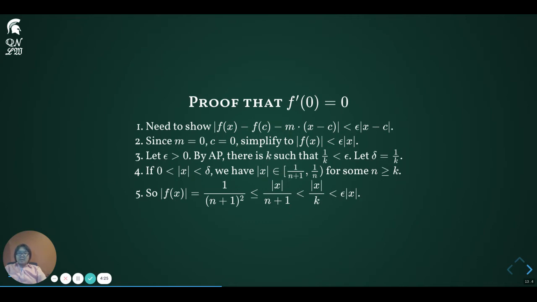This turns out to be less than |x| over k, since k is less than n plus 1. And by our choice of k, we know that |f(x)| is less than epsilon times |x|. This is exactly what we need to show to prove, using the epsilon delta argument, that f has a derivative 0 at the origin.